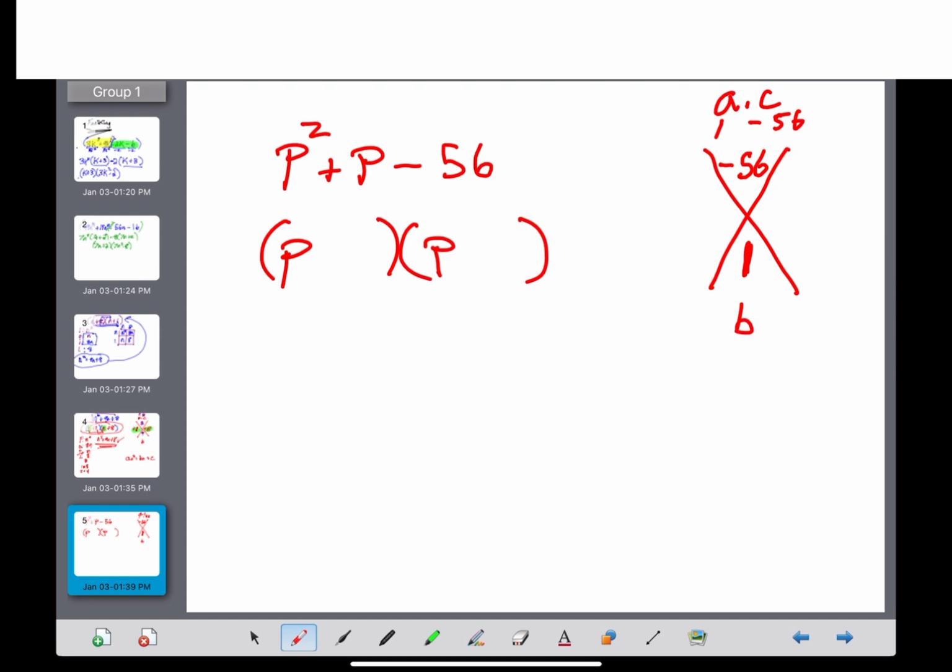Now, here's a little trick, something for your notes on the side. There's really 4 ways that these can go. If the top is positive and the bottom is positive, then both of those numbers have to be positive as well.